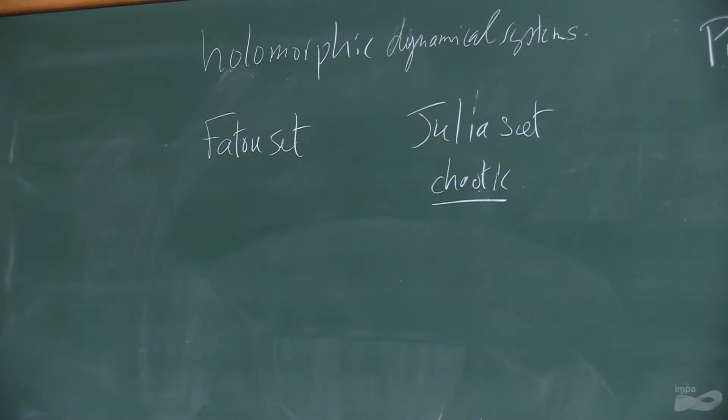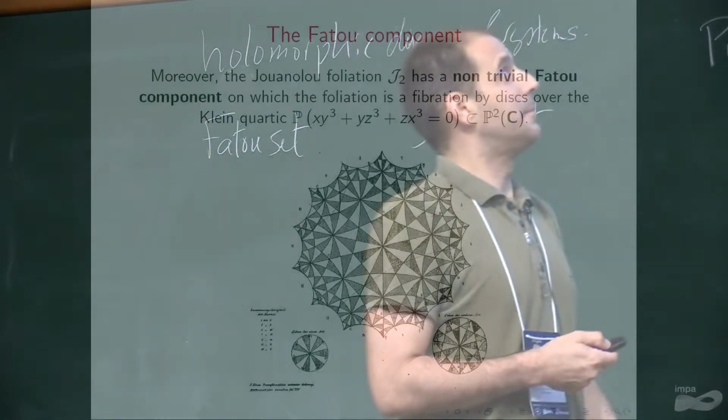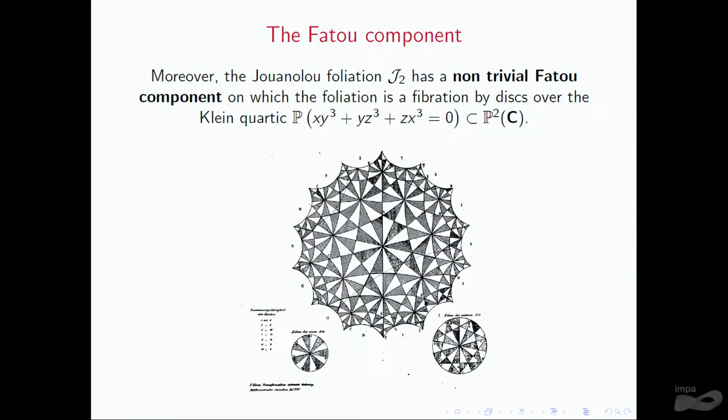You have a non-trivial Fatou component. So you have an open subset in P2 having full measure. On this open set, which is what we call saturated by the foliation, I mean, this is a union of leaves of the foliation, you have a first integral, namely a function which is constant on the leaves.